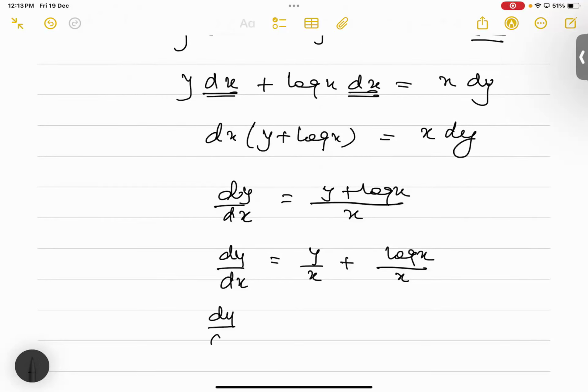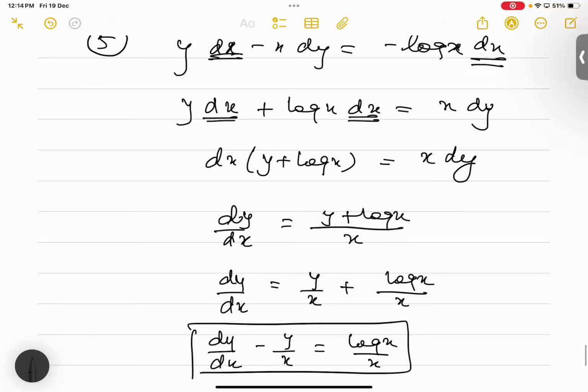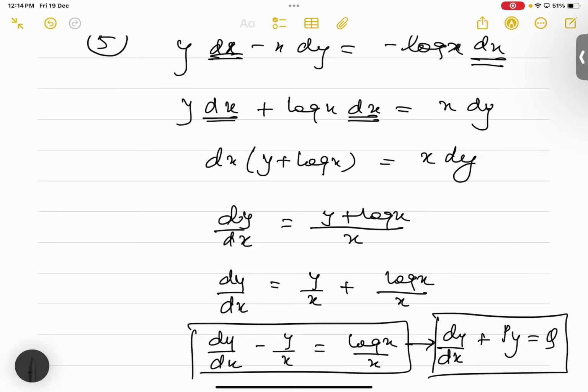Now take the y term on the other side. This will be minus y upon x equals log x upon x. Please copy till here. Is this our required format? dy by dx plus Py is equal to Q.